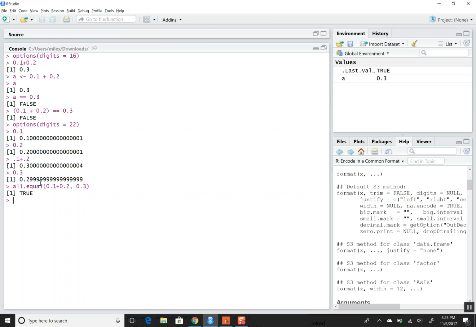But if we did all.equal of 0.2999 and 0.300, something like this, it says true. It's just asking, are these two values close enough to each other?